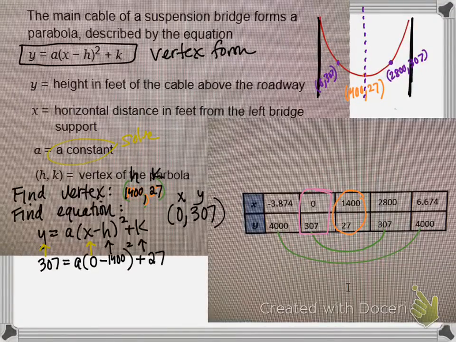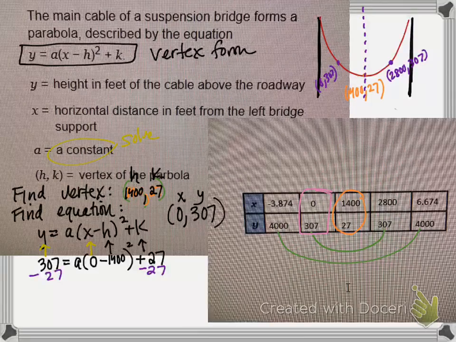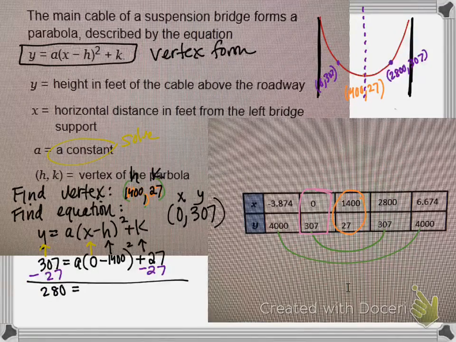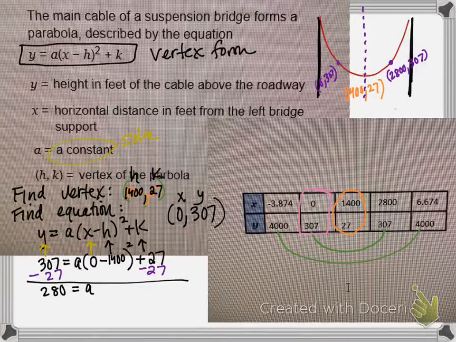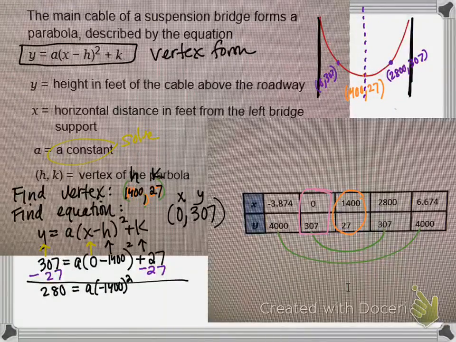All right, so to solve for a, the first thing I'm going to do is subtract 27 from both sides. So this is equal to 280, and that's equal to a times (0 minus 1400), which is just negative 1400, to the second power.